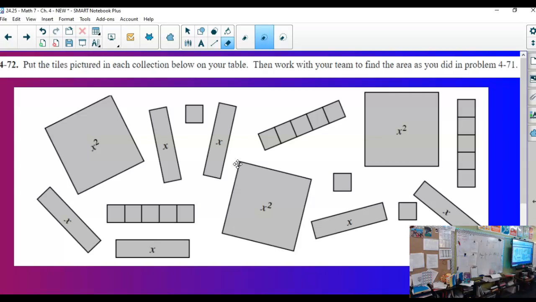Did you get vowels also? Oh, okay. You guys both have your tile. Okay, so now you need your X's, right? So send someone for X's.